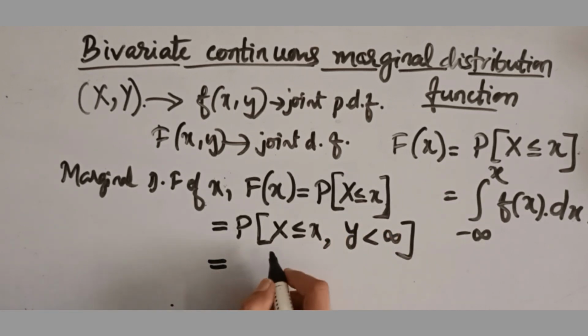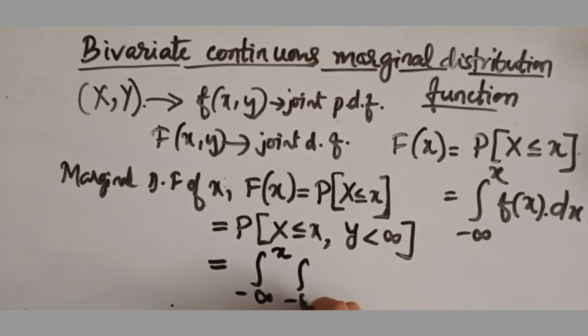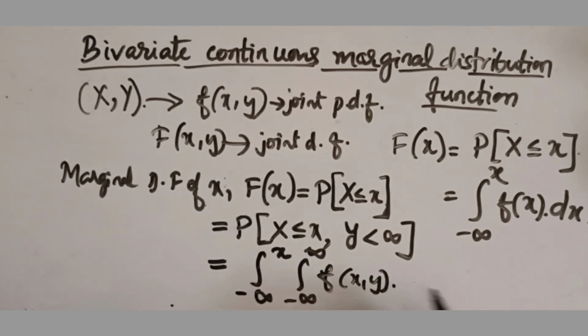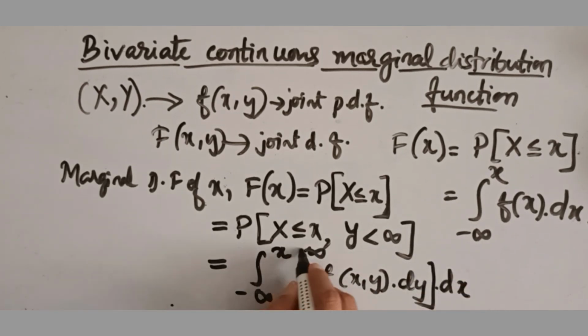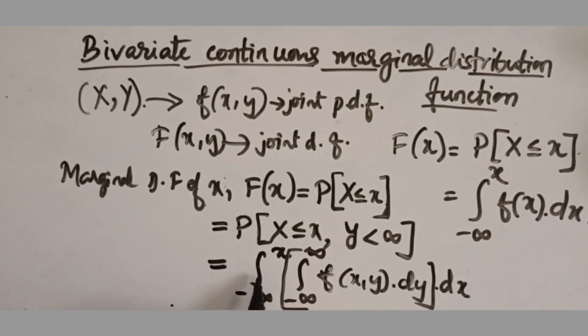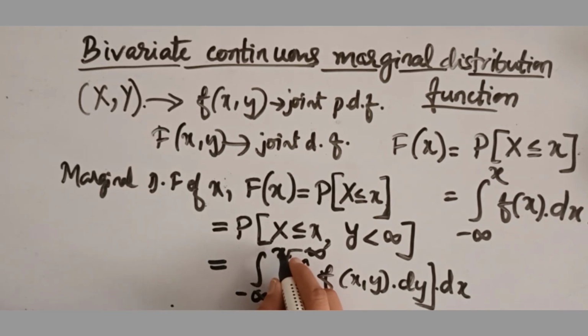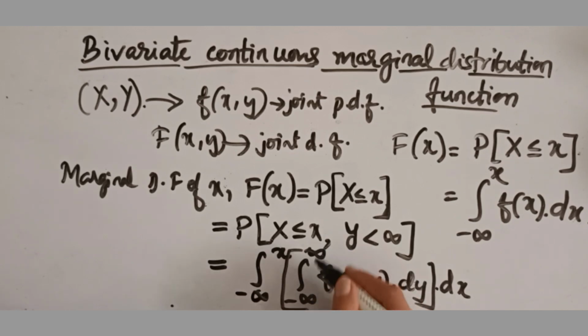This is represented using integrals: the integral from minus infinity to x, then minus infinity to infinity of f of x comma y dy dx. The inner integral is for y and the outer integral is from minus infinity to x because there is a condition on x, while the y integral remains the same.